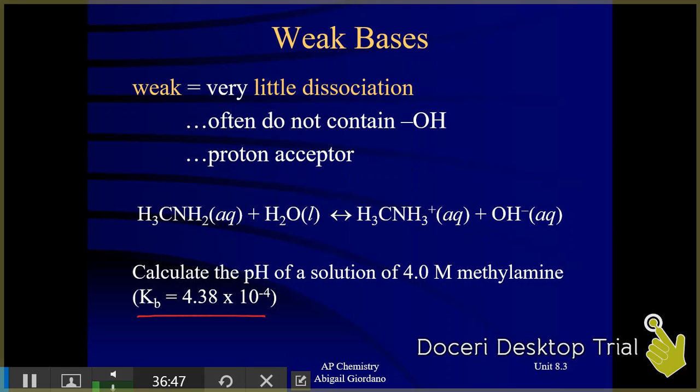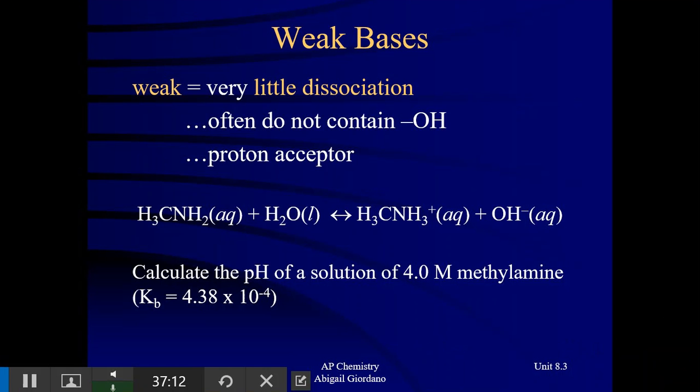Remember, strong acids and strong bases will never give you K values. You don't need them for strong things. So we're going to work this problem together. If you want to try it yourself, you are certainly welcome to do that. I'm going to work this one for you.